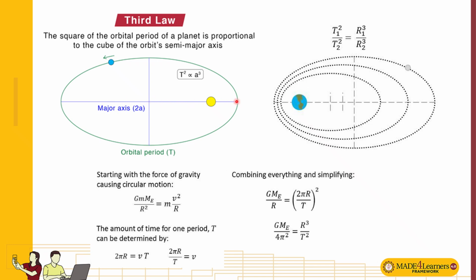Supposing we replace the sun with the Earth, and say there's a satellite orbiting the Earth. The centripetal force is the gravitational force. From the previous slide, this is the expression for the gravitational force, so we equate it to the centripetal force equation.